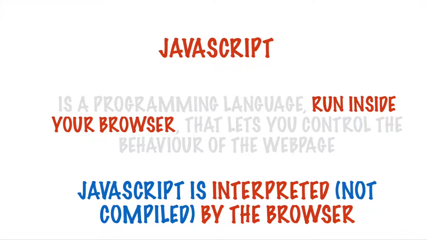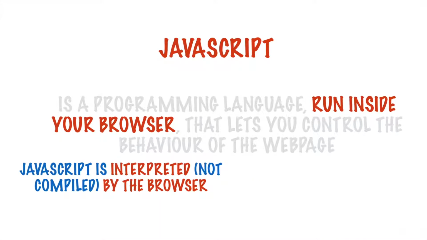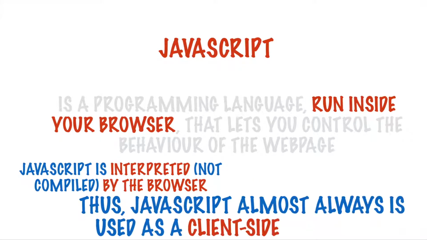When code is interpreted as JavaScript is, what the browser does is simply reads each line of JavaScript as it sees it and then just executes that line. There is no step which looks at all the JavaScript code and sees whether it's correct. So it's totally possible that the last line of code has an error.